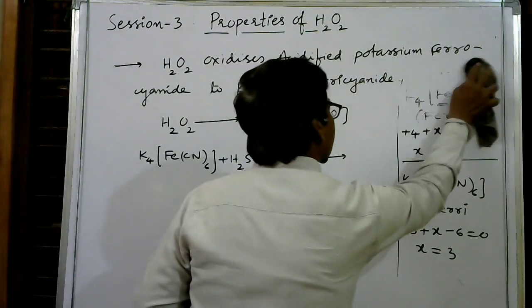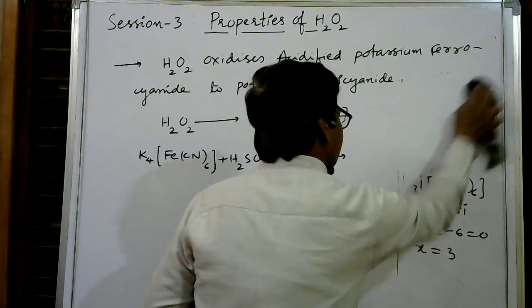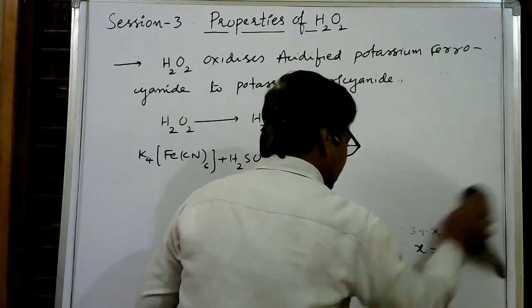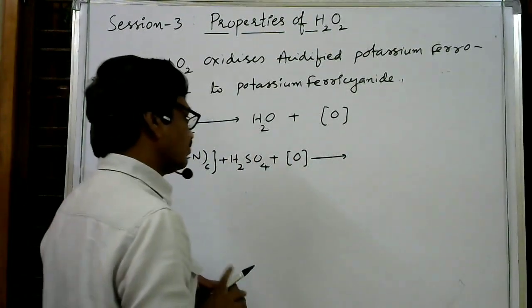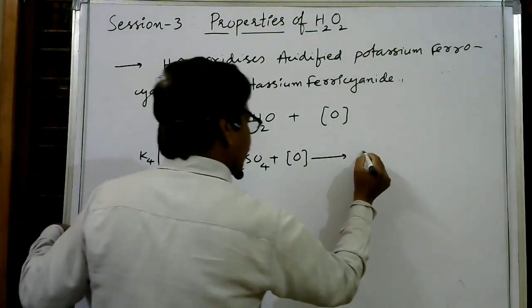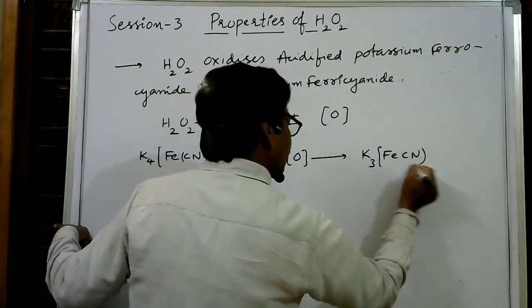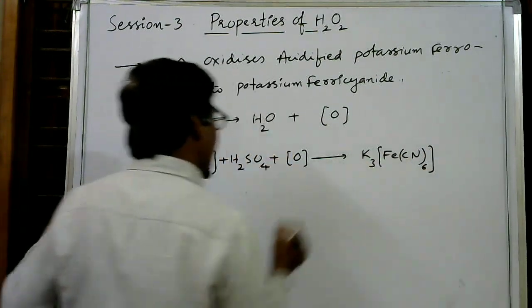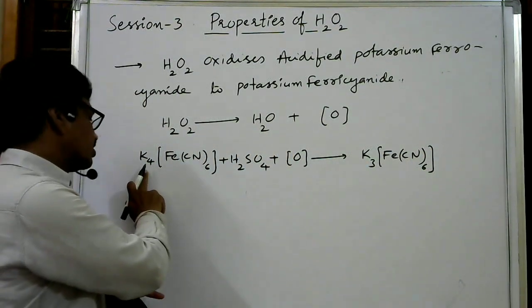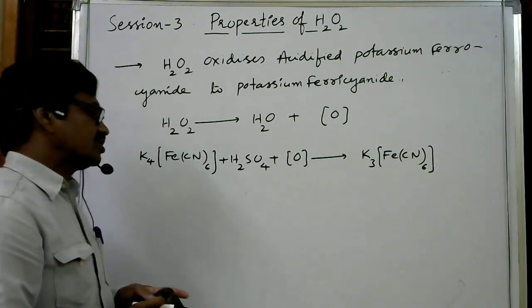See here, the ferricyanide formula I am writing first. Already I gave an explanation of what is ferrocyanide and what is ferricyanide. So K3Fe(CN)6. This is potassium ferricyanide. Here 4 potassiums are present, here 3 potassiums are present.